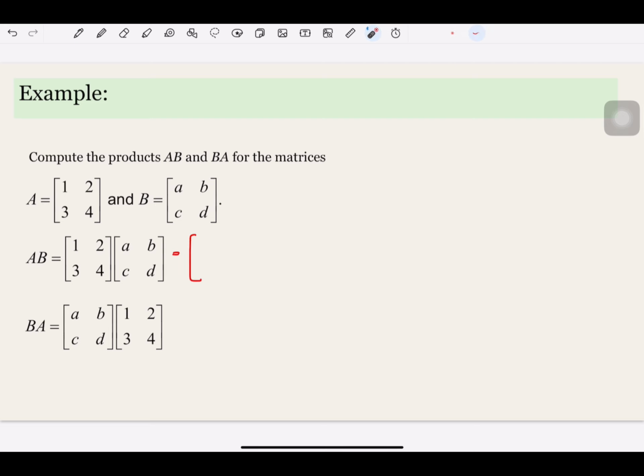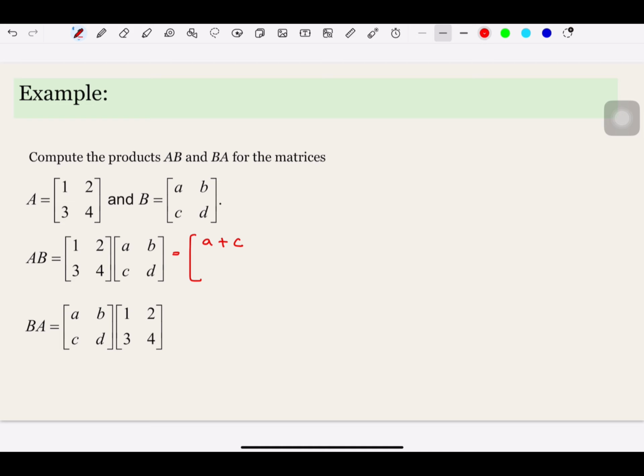To get the first entry, you multiply the first row with the first column. If you do so, you get 1 times a, which is a, plus 2c. To get the top right entry, you multiply the first row by the second column.